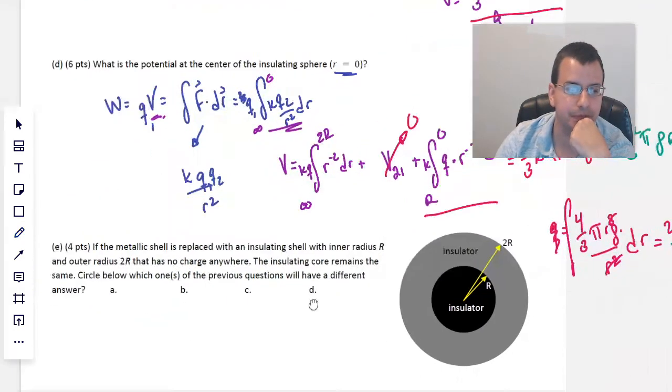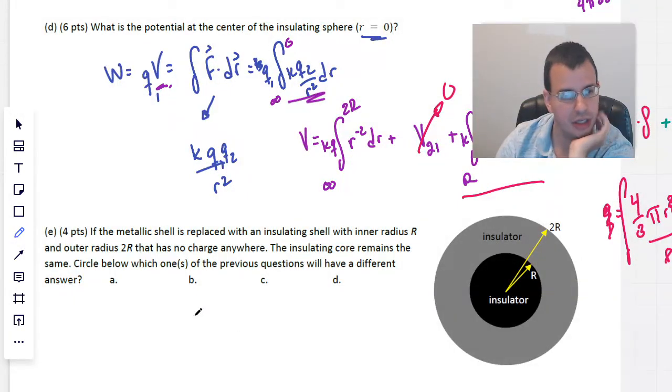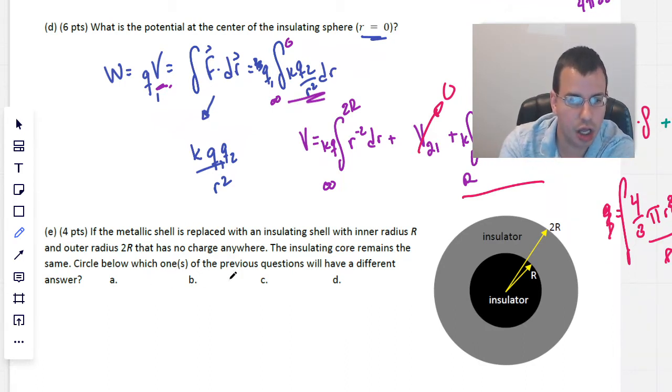Okay, so that's what I would say would be the electric potential at the center of the insulating sphere. Okay, then the last question. If a metallic shell is replaced with an insulating shell with inner radius r, outer radius 2r, has no charge anywhere, the insulating core remains the same, circle which one or ones of the previous questions will have a different answer.